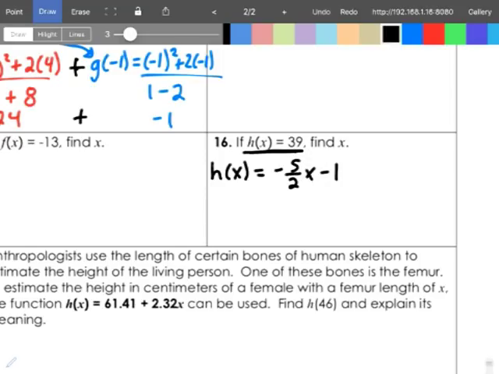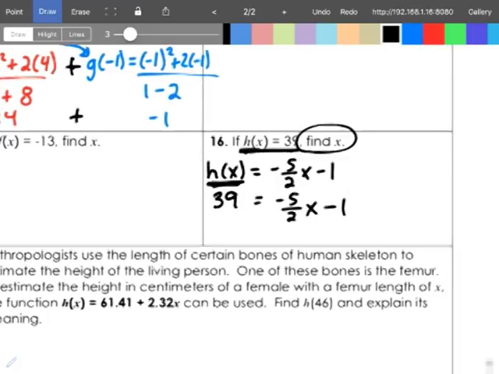It's actually telling us our h of x is 39. So I'm going to substitute 39 in for here, because they tell me this time h of x equals 39. So negative 5 over 2 x minus 1. This time it tells me find x, right? So I'm actually finding x this time.